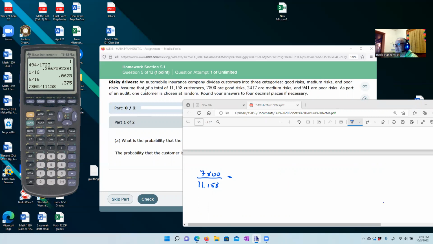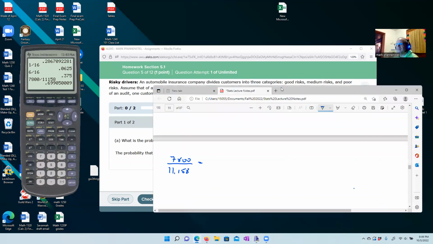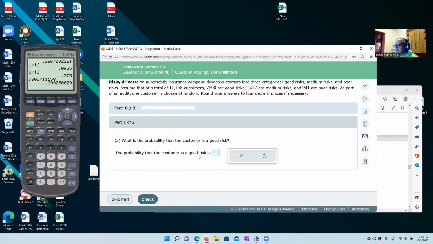Okay, so assuming that I'm getting my digits correct here. How many decimal places do they want? 4 decimal places. So we have 1, 2, 3, 4. So I'm going to say 0.6991. I'll put the 0 here for the sake of the nursing students, and then we'll have 0.6991 is our probability.